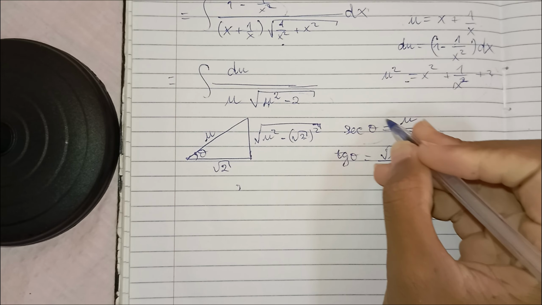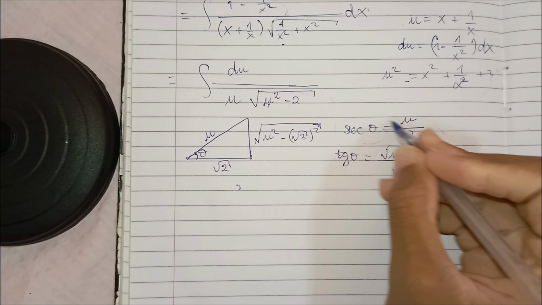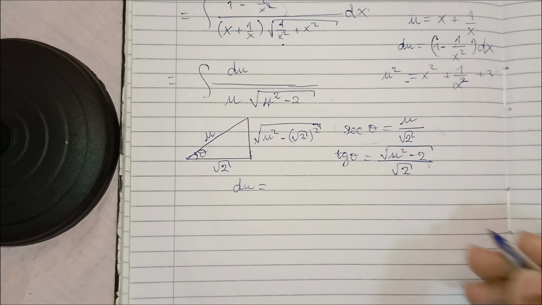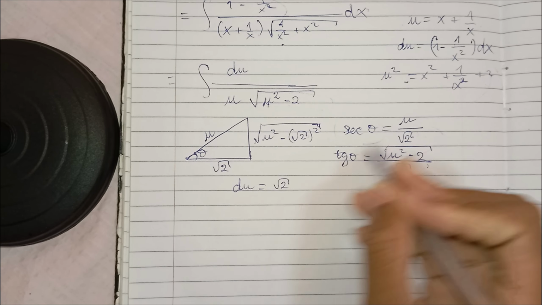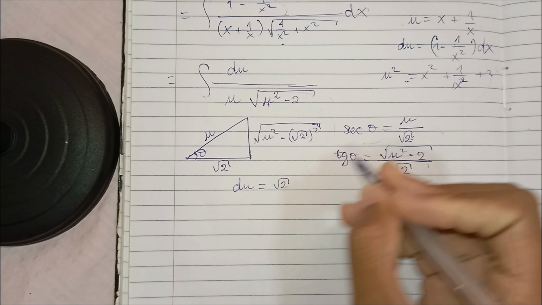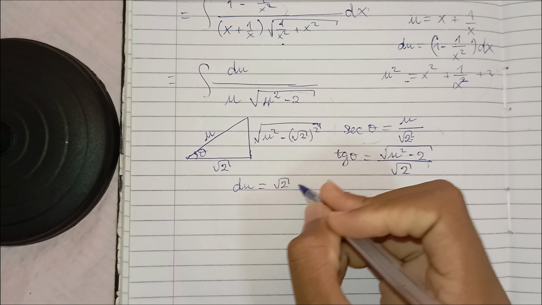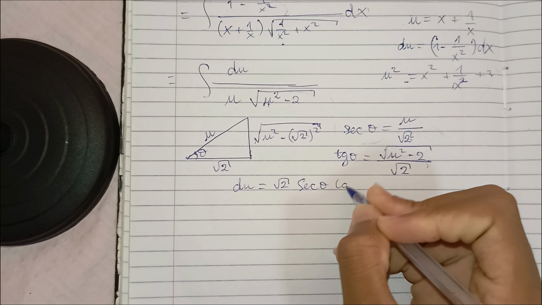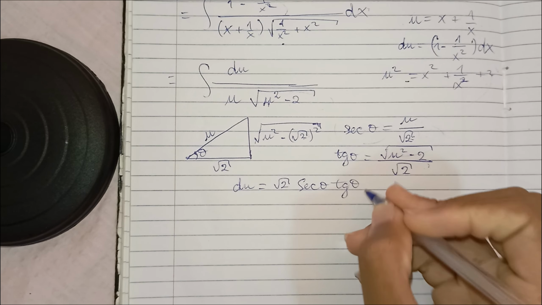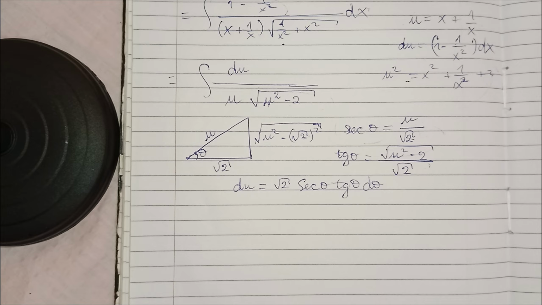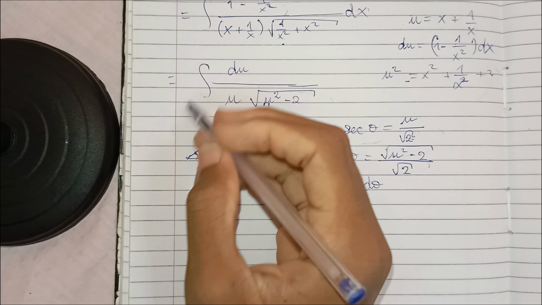So if you differentiate this one, what do you get? You'll get du. And if you differentiate secant of theta, what do we get? Yeah, we get this, d theta. It's enough. So we can go back to our integral right now.